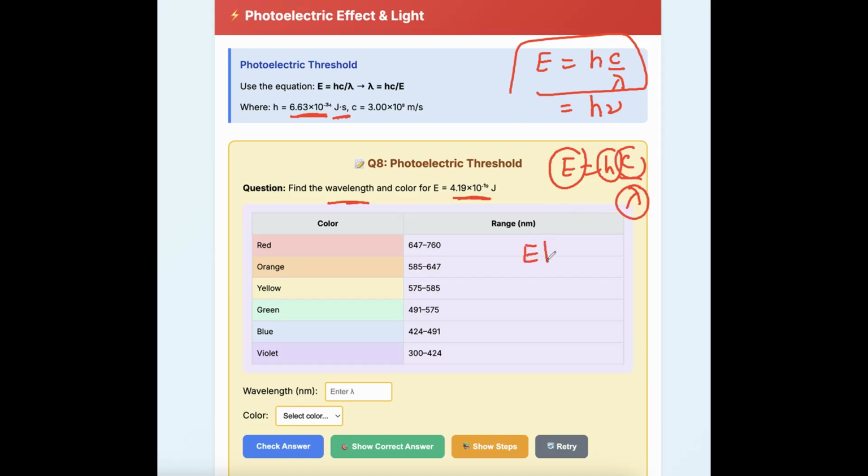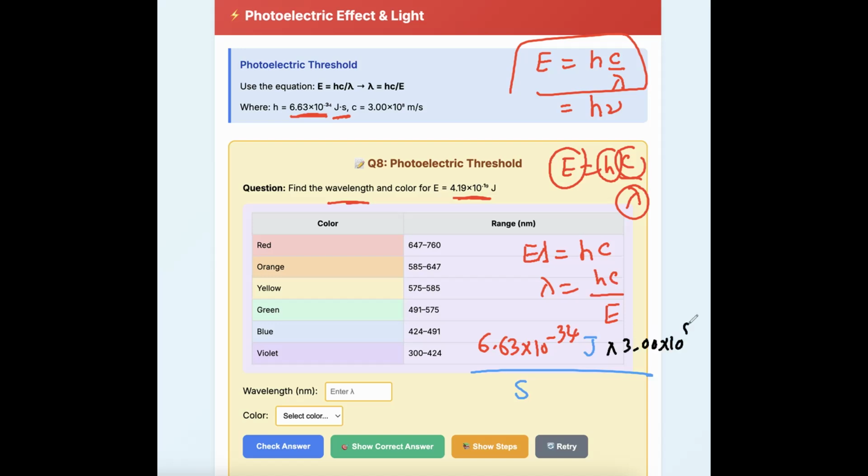Multiplying E by lambda gives hc, so lambda is equal to hc divided by E. My h is 6.63 times 10 to the power of negative 34. Take care of the units. The unit is joule seconds, and c is 3 times 10 to the power of 8 meters per second.